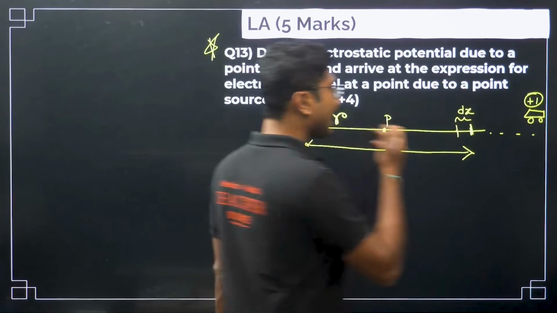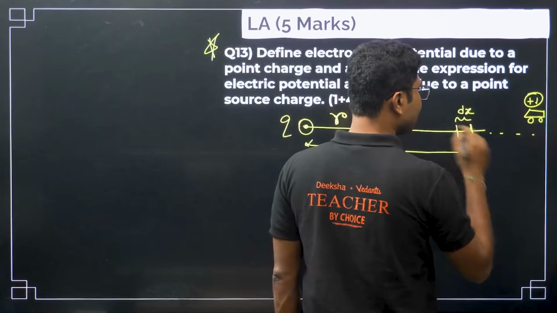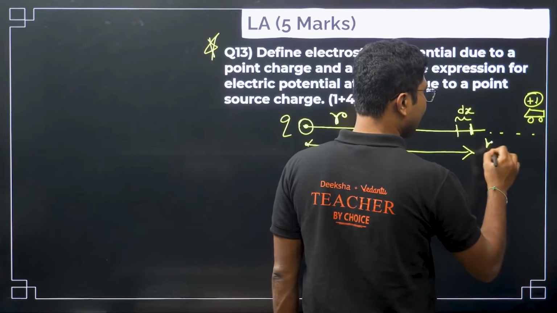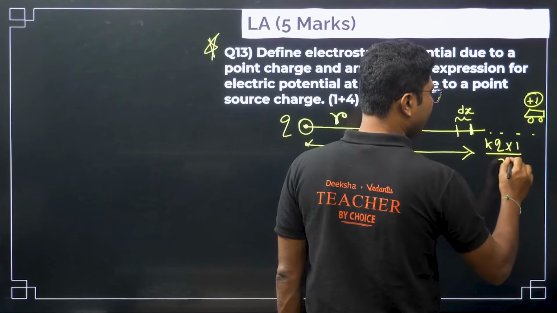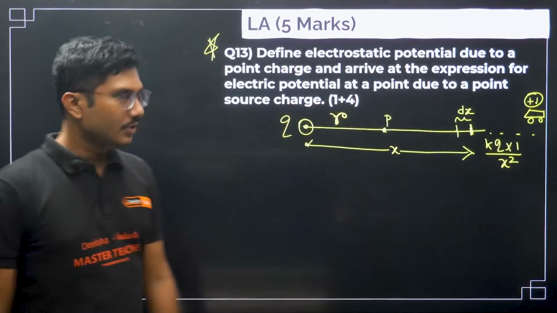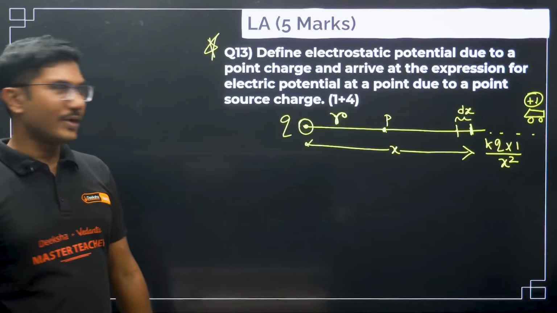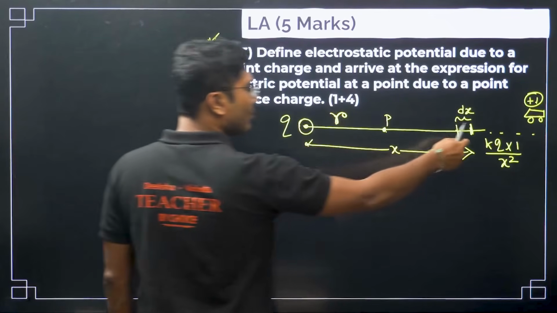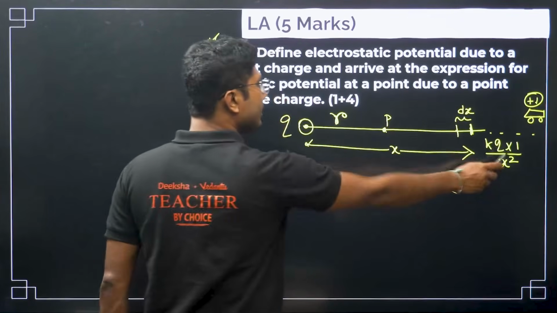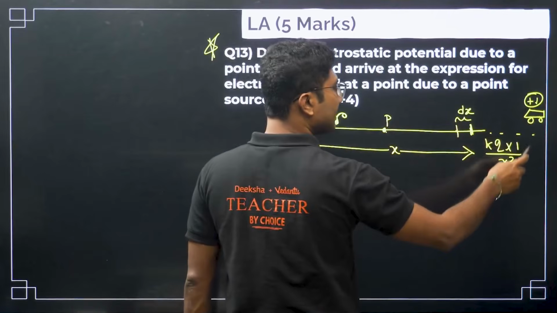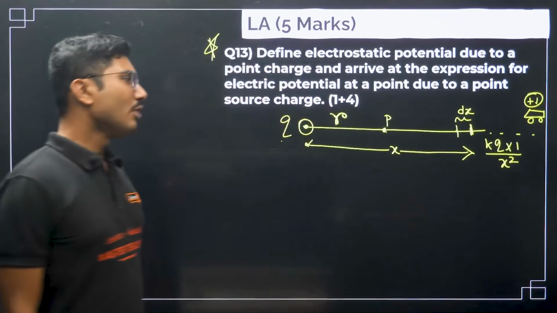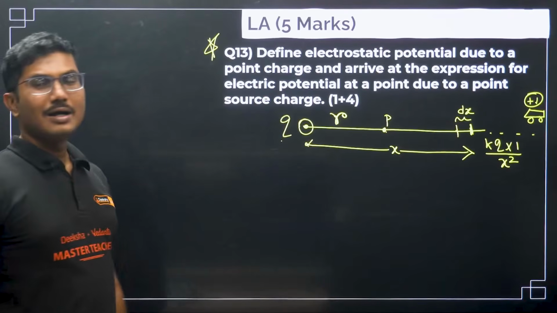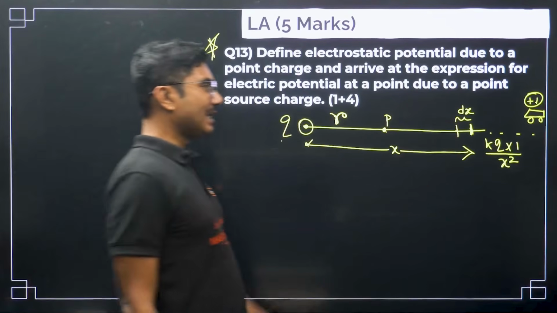The force acting on this unit positive charge is kq into 1 by x square. Coulomb's force, k q1 q2 by r square. K is the Coulomb constant, q is this charge, +1 is this charge, and x is the distance. So kq by x square is the force acting on this charge.